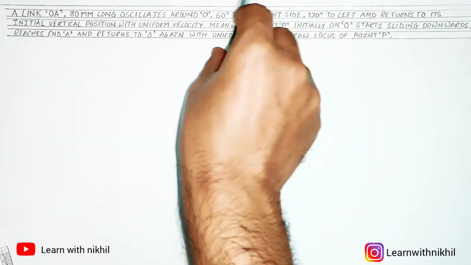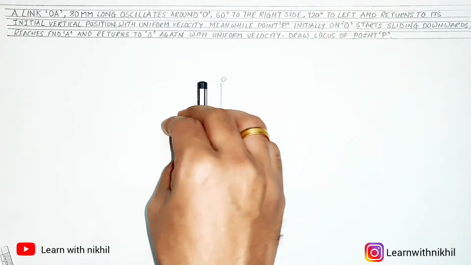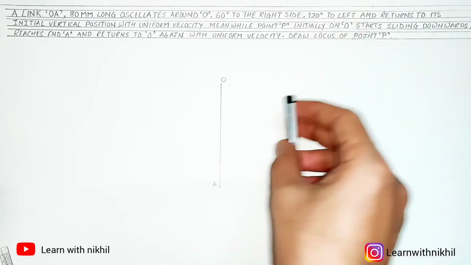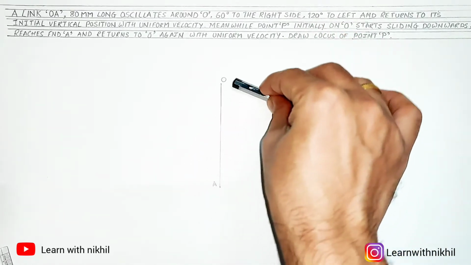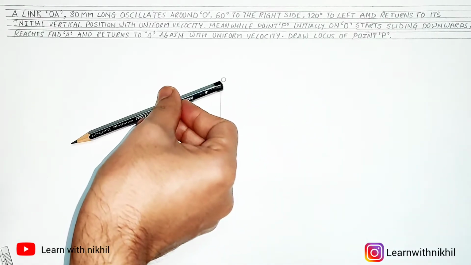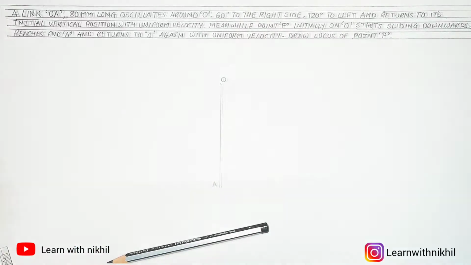It is further given. It rotates 60 degree to the right and 120 degree to the left. So it rotates 60 degree to the right and then from that point it rotates 120 degree to the left. So on both the sides it is 60 degree.